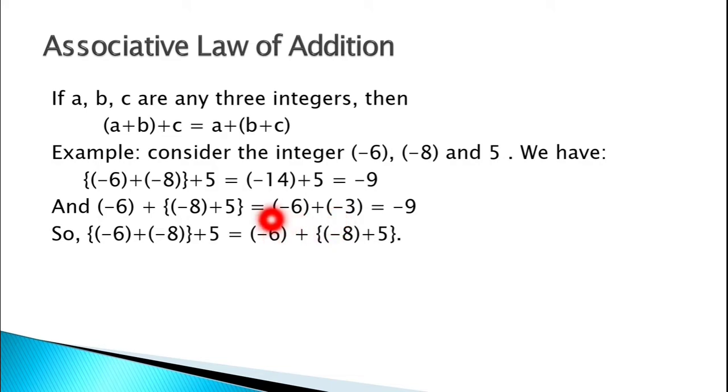So minus 6 added to minus 3 gives the same result of minus 9. Hence we can say that (minus 6 plus minus 8) plus 5 gives the same result as minus 6 plus (minus 8 plus 5). This is the associative law of addition.